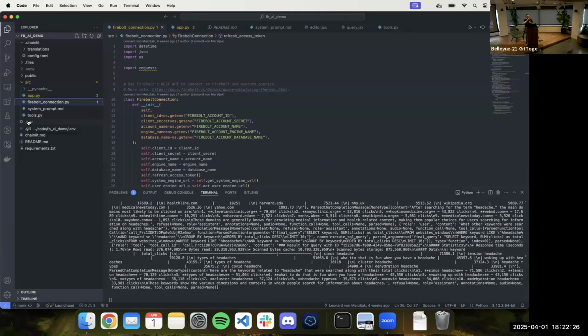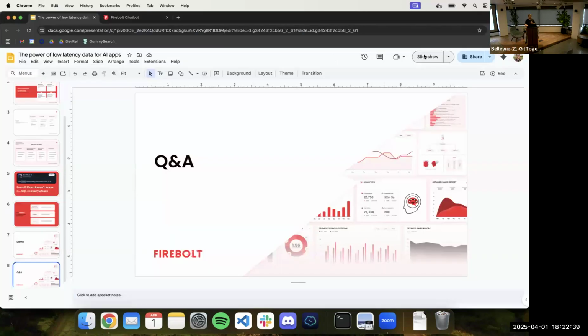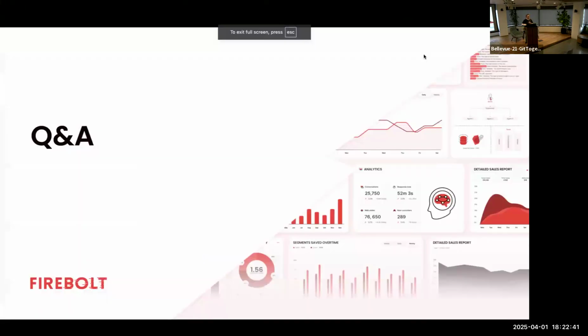When I do this, I have a specific user, a specific account with specific permissions to access only certain databases behind the scenes. So if I tried to ask this model, hey, go get all of Firebolt's customers, it wouldn't be able to because it can't see my customers database and my sales table and whatever. It's been given explicit access only to this similar web-based web traffic data set that we have.